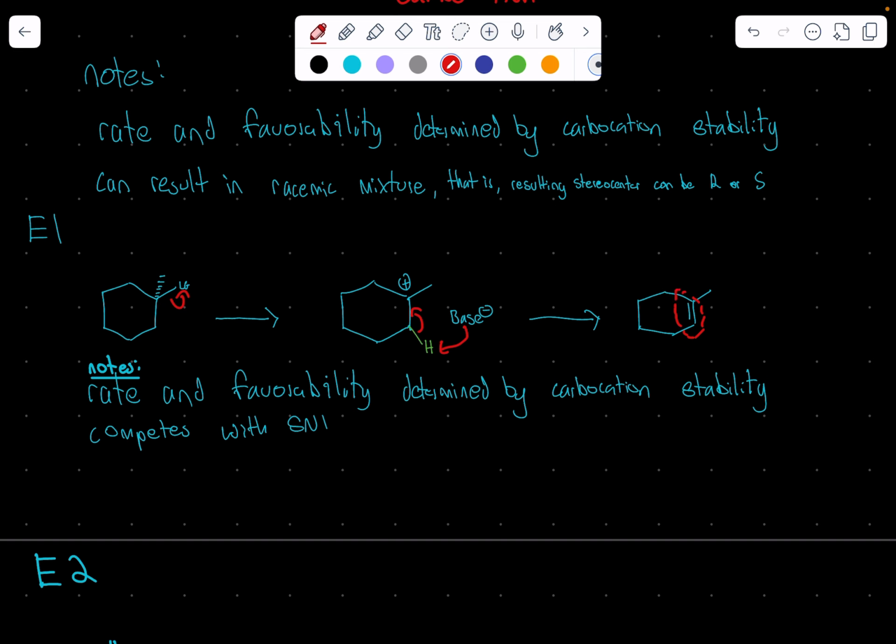Some things to keep in mind with the E1 mechanism is because it is so similar to SN1, and they often occur under similar conditions, it can sometimes compete with SN1. For instance, we could have a base act as a nucleophile in this case and attack that tertiary carbocation. Additionally, the rate and favorability of the E1 reaction, like the SN1 reaction, is determined by the stability of the carbocation intermediate.